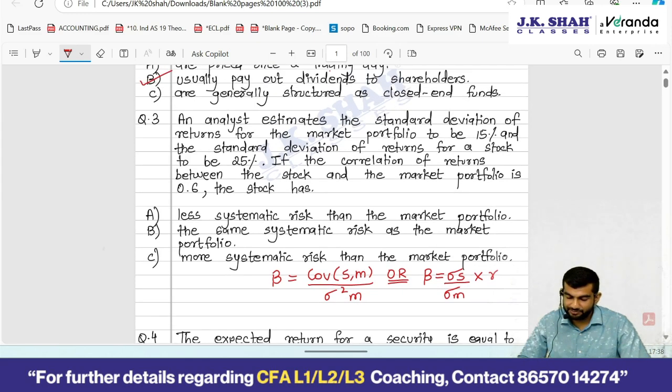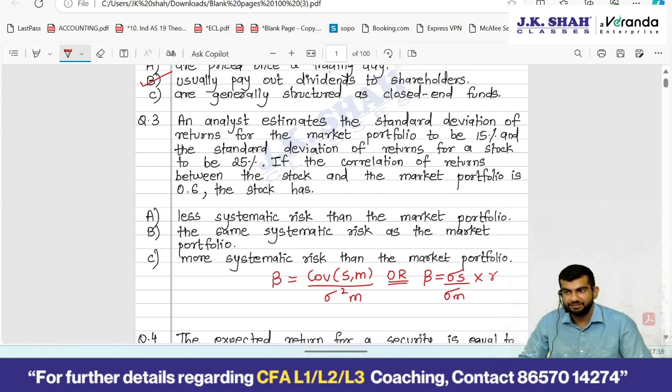Which formula is more appropriate? The latter one in this question, because those details are given. Now this second formula is derived through the first formula only. I am not here to discuss the derivation, we had already discussed it in class. Right now just the application part and getting the answers.